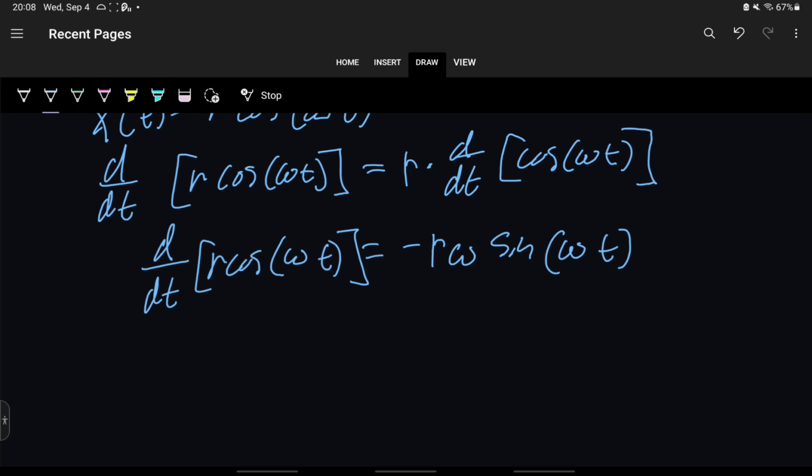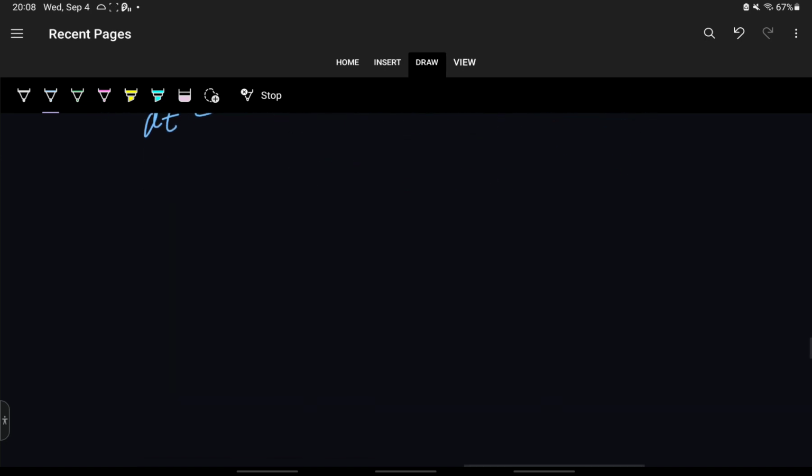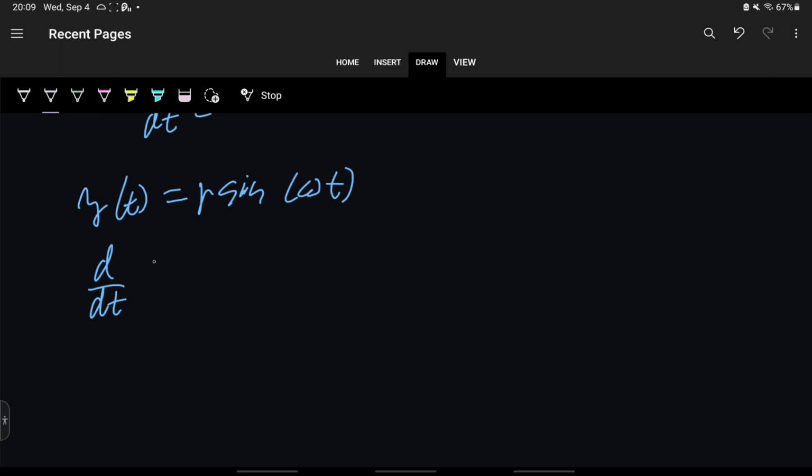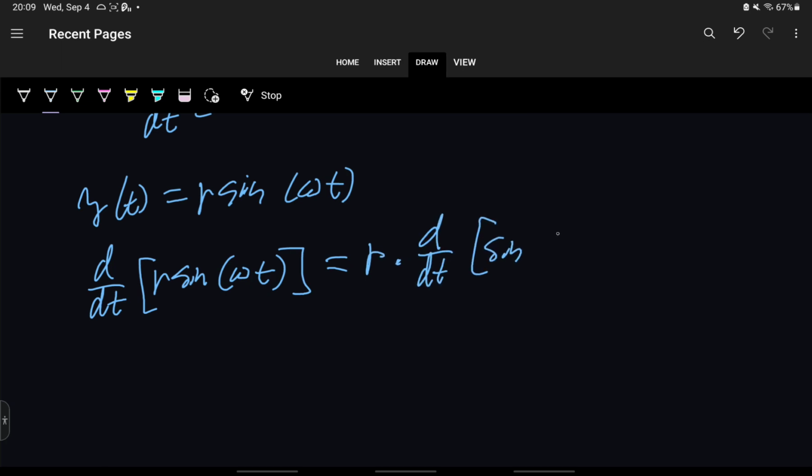So let's go ahead and look at the second component, where we have y of t is equal to r sine omega times t. I'm going to move my tablet real quickly. Let's differentiate this with respect to t. So d over dt of r sine omega times t is going to give us r times the derivative of sine omega times t.